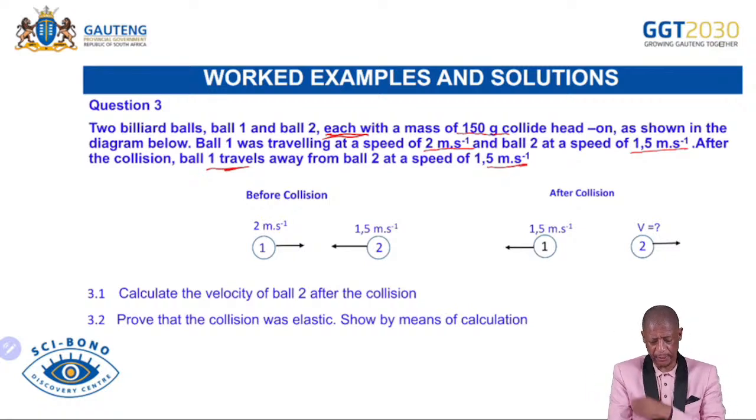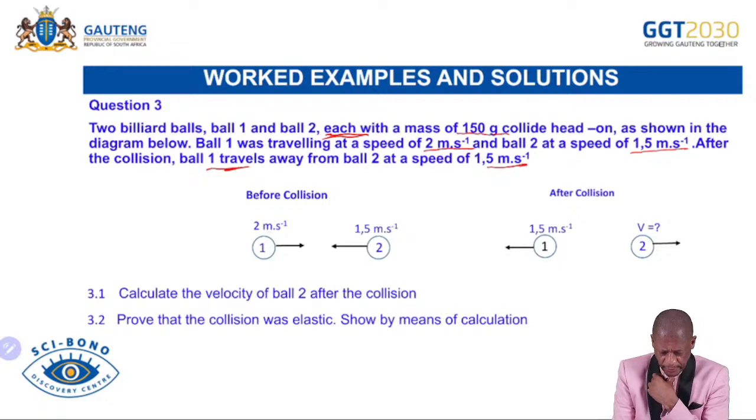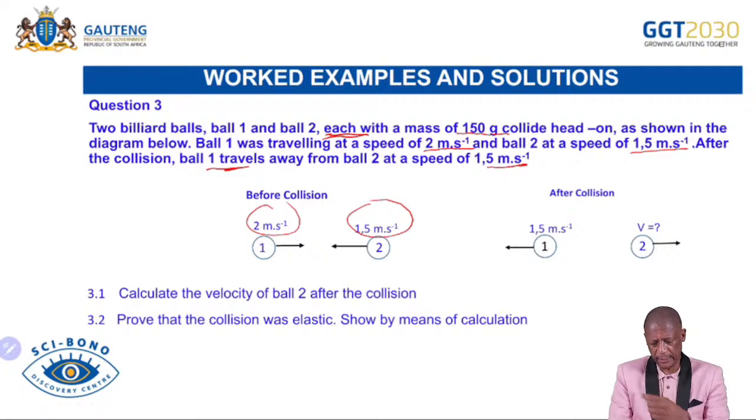So this is the picture that we are given. These two balls are approaching one another, one traveling at 2 meters per second, the other at 1.5 meters per second, having the same masses.